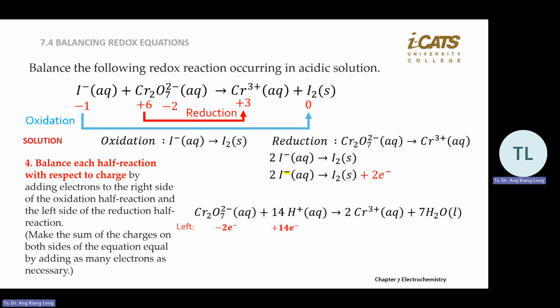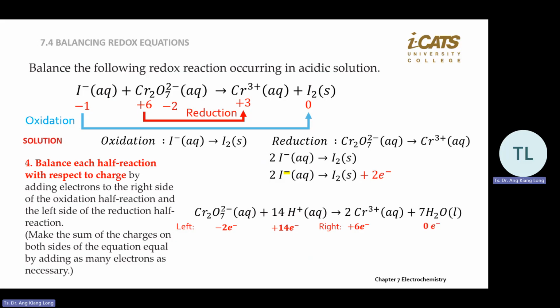So this one also 3 plus. Remember the 2 here, remember in front of the 2. So total you got 6 positive. You need to add 6 electrons. This is a careless mistake, some of you will forget the number of atoms or charges or ions. This one neutral, 0.